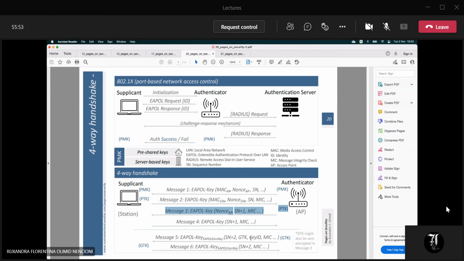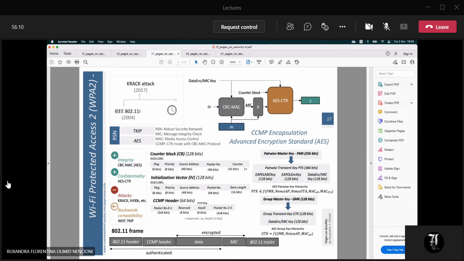So again, for the ones who are seeing or not seeing this, it depends on the Wireshark version. What was happening here? Two nonces were sent, and based on these two nonces and the MAC addresses, the PTK was computed. One of the problems was that if the PMK was derived from a weak password, let's say in the personal edition, somebody could just try a brute force or a dictionary attack.